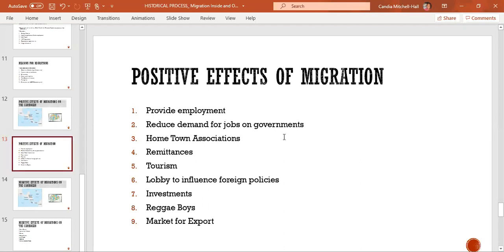Now, another effect that I want to zero in on is hometown associations. These are associations which are formed by immigrants within a host country.